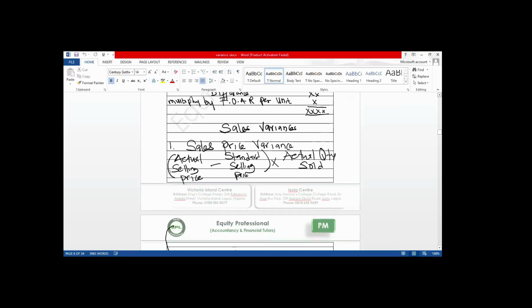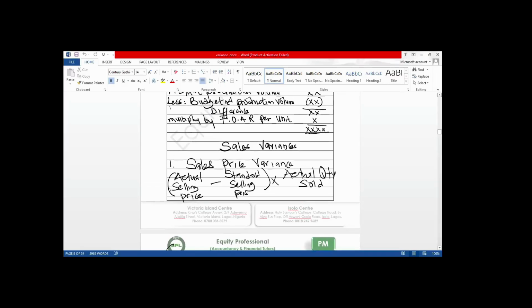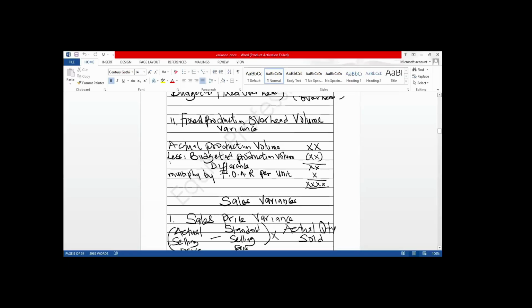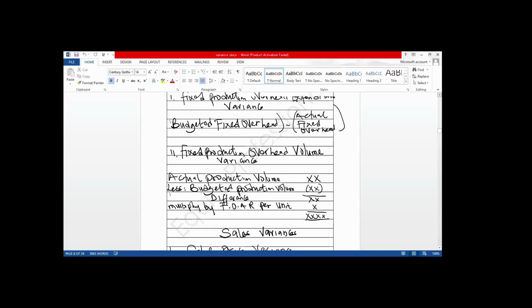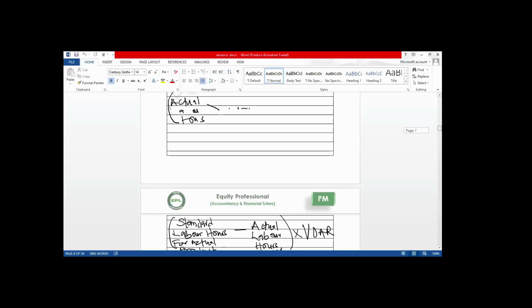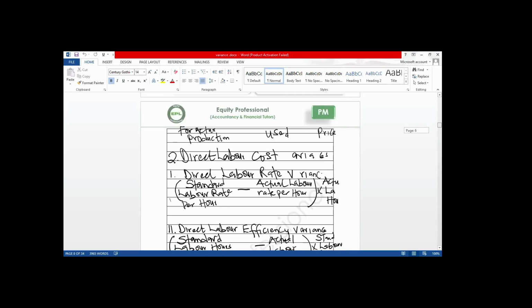Where your actual cost is different from your budgeted cost, that means you have cost variance, where the actual cost is different from your budgeted cost.